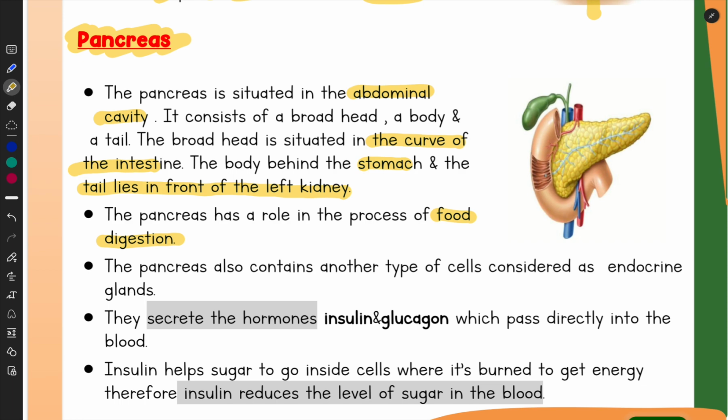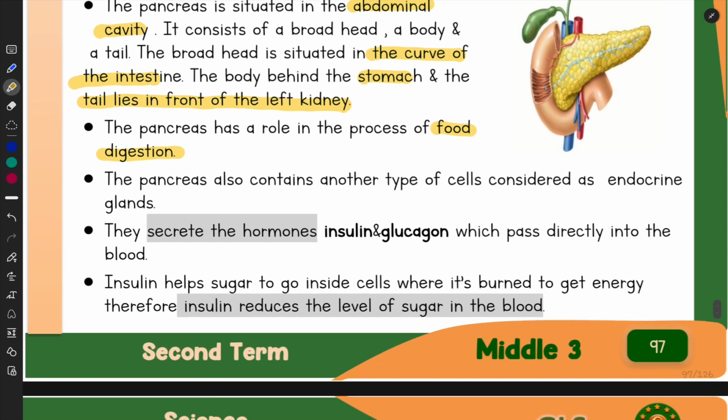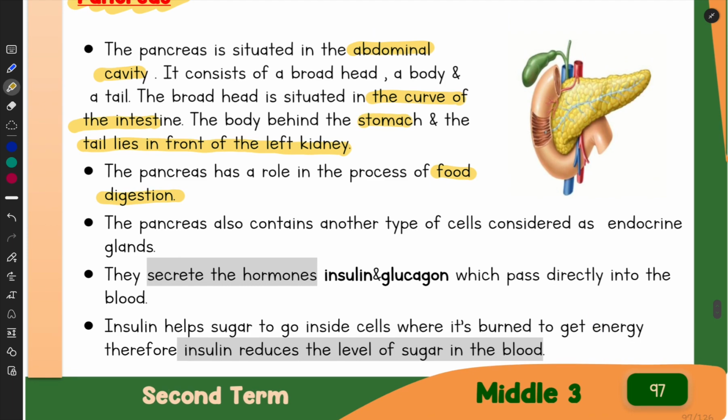Of course, the pancreas also contains other types of cells considered as endocrine glands. They secrete hormones like insulin and glucagon, which pass directly into the blood. Insulin helps sugar go inside cells where it's burned to get energy.